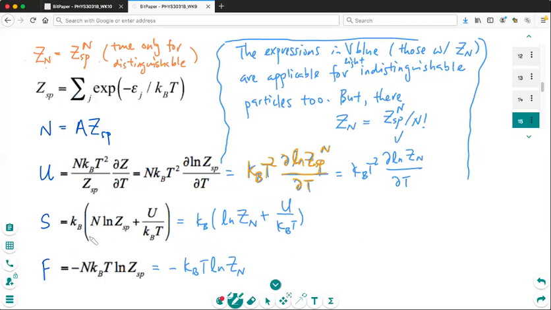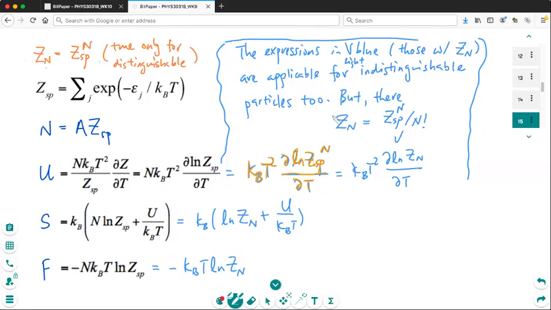Right? If you compare this with what we learned before. But I told you long ago that if you remember to use the system partition function, the partition function for an assembly, you get the same expression. Okay, so provided that you use this expression for this partition function for an assembly of n particles.